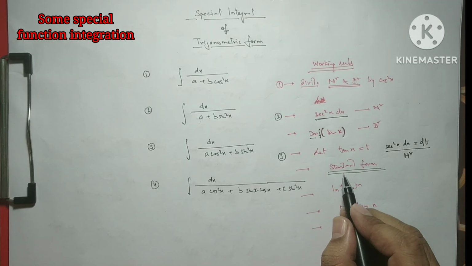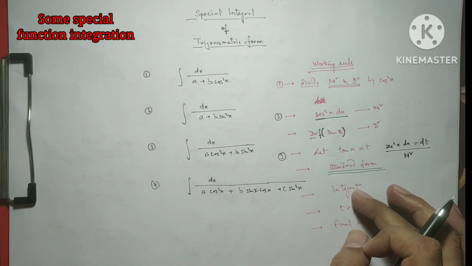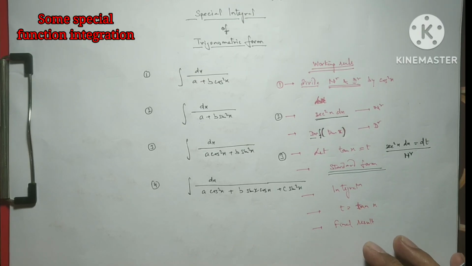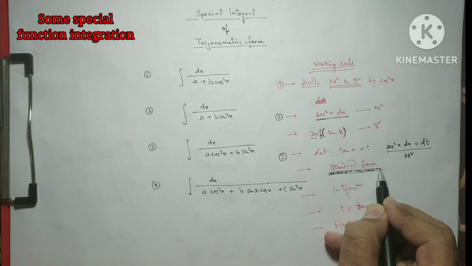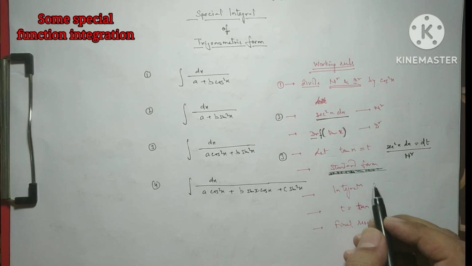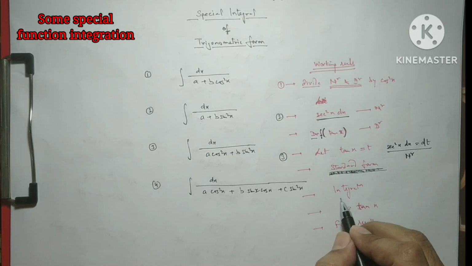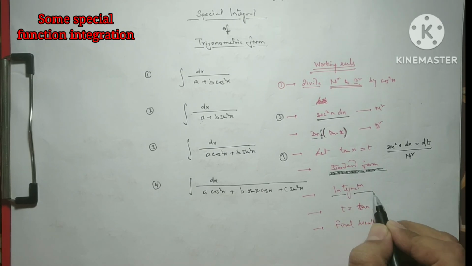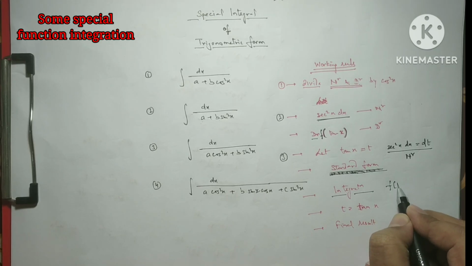Now we can pick all the three formulae, a square plus x square, a square minus x square, and x square minus a square, and according to our question which one will be applied, we will pick that and we integrate that. After integration, the answer will be in terms of t.